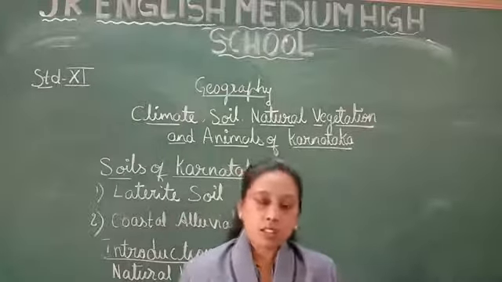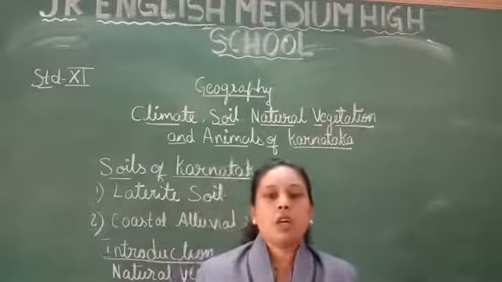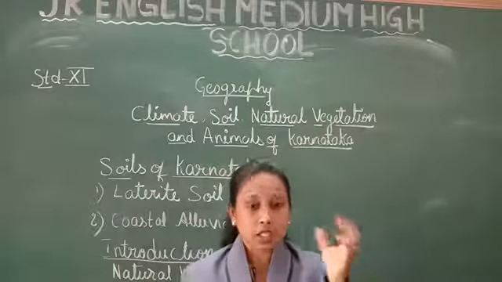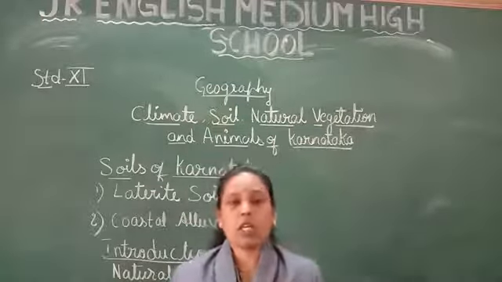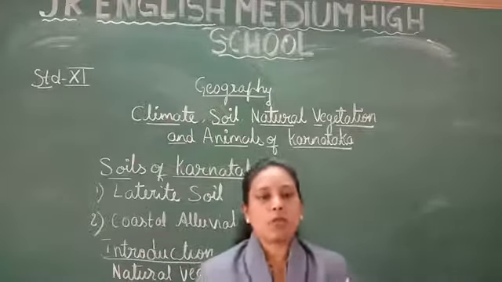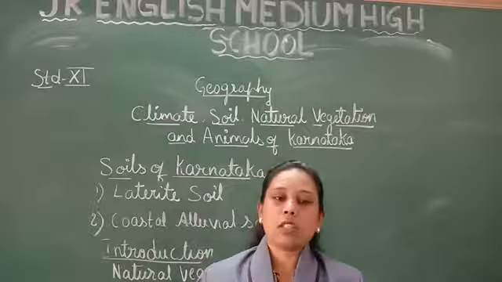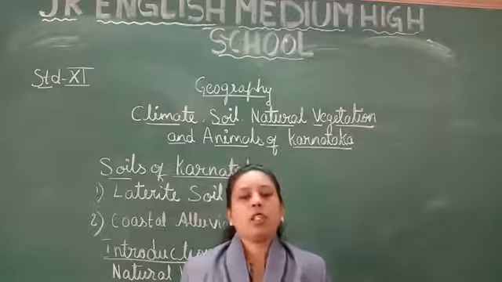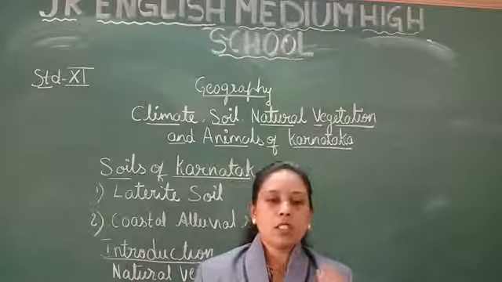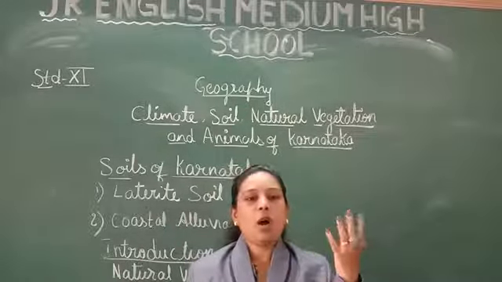Carried by rivers and the sea waves, this soil is found in the coastal districts of Karnataka, like Udupi, Dakshina Kannada and Uttara Kannada. This soil consists of sand and clay, and it is very rich in organic matter.